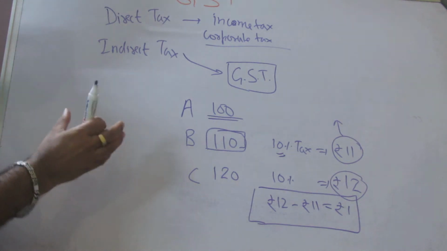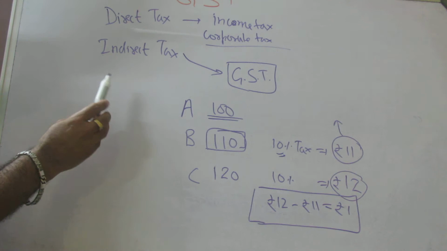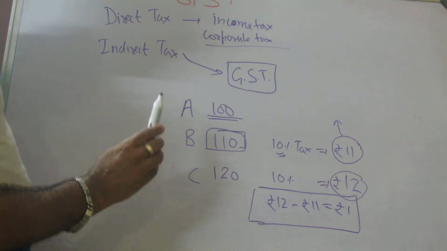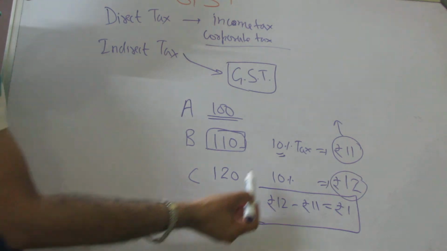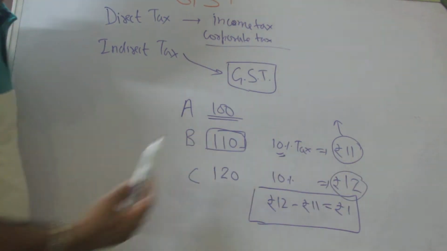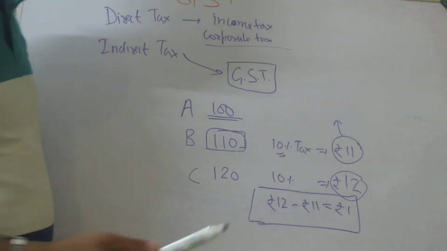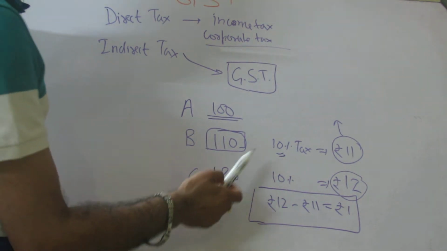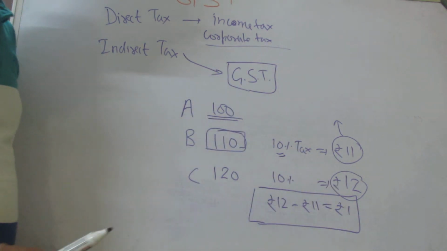How does GST work? We will take more examples, but as a layman, let us understand what is happening. There is a chain, and everyone who is paying tax, if he is selling to someone, will pay the difference of the tax to the government.